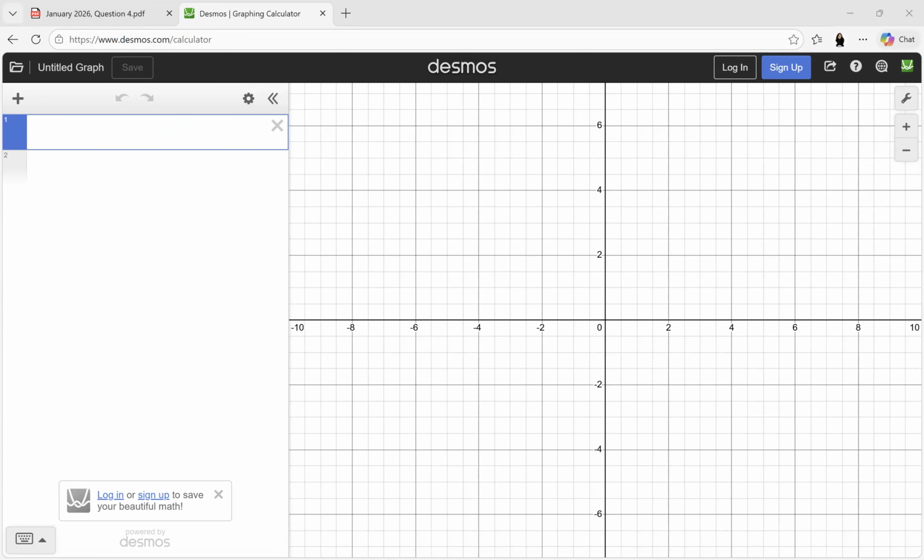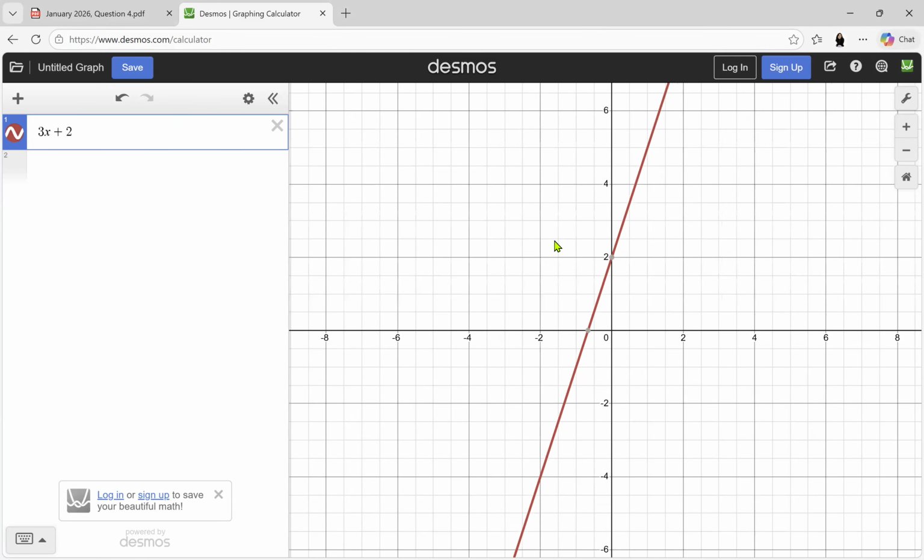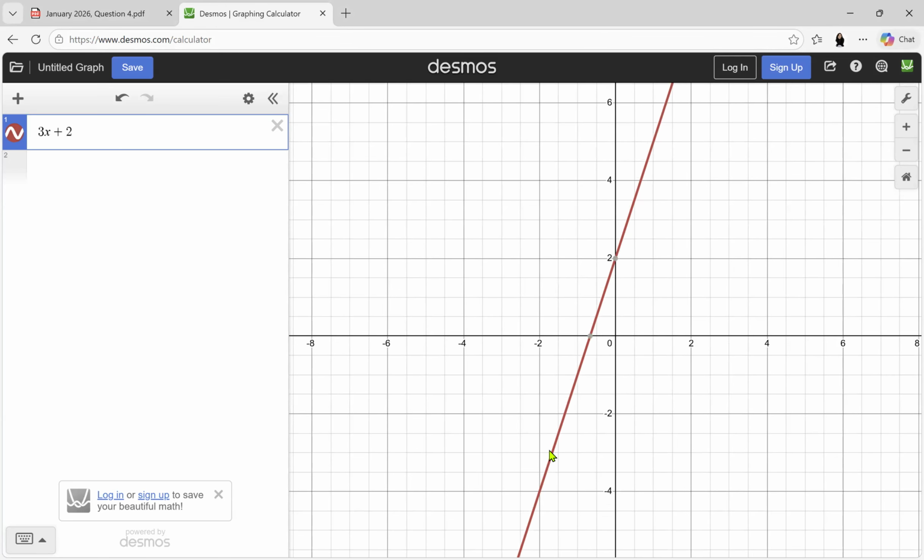Okay, good. So the first one that we had just now was y is equal to 3x plus 2, right? And we expected it to be a line like this. As you can see, it's a line that is increasing from left to right because in this equation, m is positive, m is 3, right?